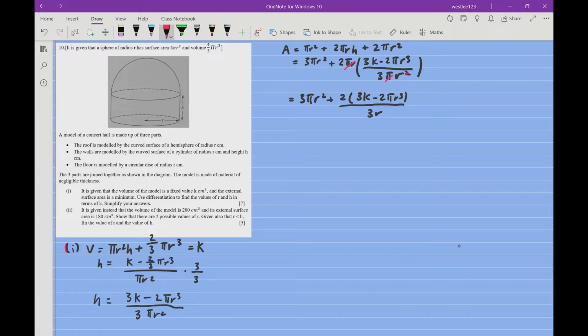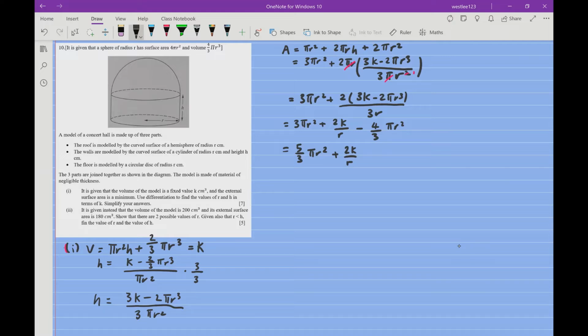All right. Then after that, we simplify it further. 3 pi r squared plus 2k over r minus 4/3 pi r squared. So we can put all the pi r squared terms together. We have 5 over 3 pi r squared plus 2k over r.